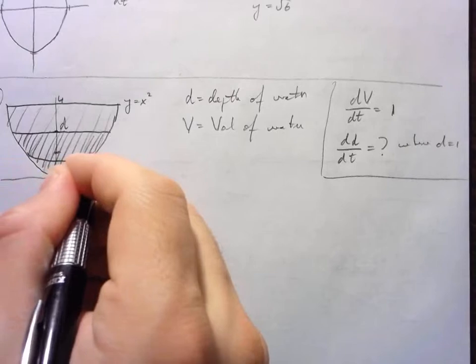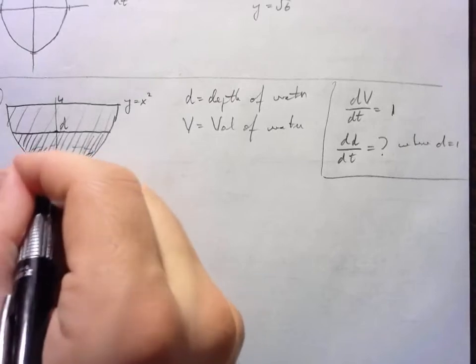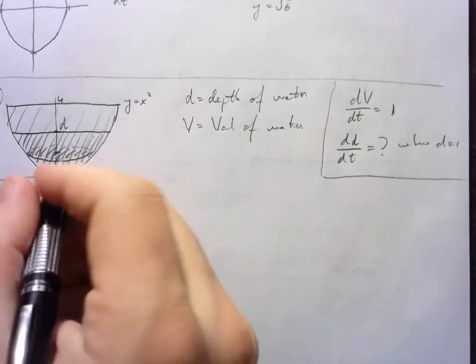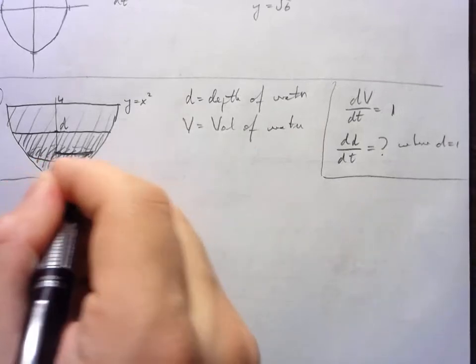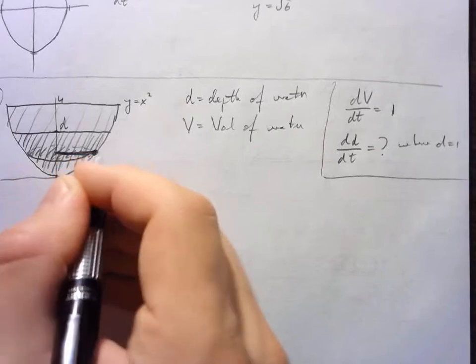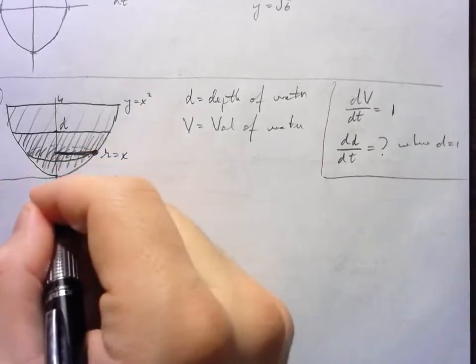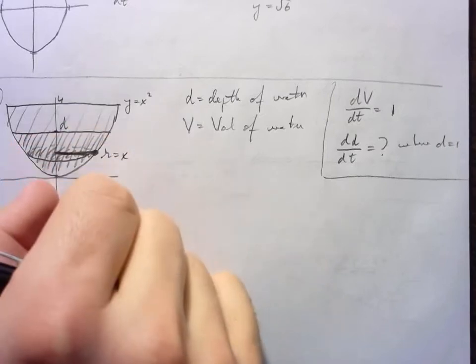It's revolved around y, so I need a cross-section along the y-axis. So notice now the radius of this is going to be the x-coordinate on my parabola, right?